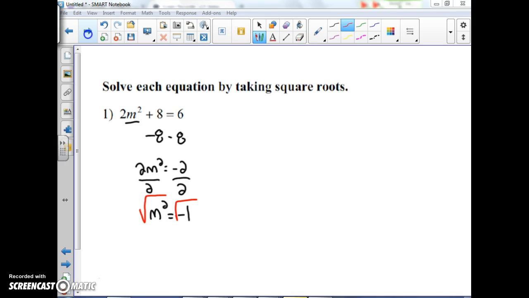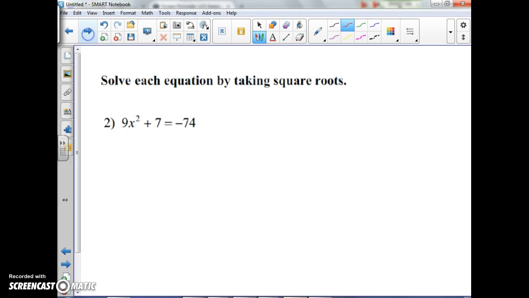I'm still trying to find out what the square root of negative 1 is. So all I'm going to say is that m is the same thing as plus or minus i. To take the square root of negative 1, I am replacing it with an i because i is the same thing as the square root of negative 1. So it's plus or minus i.